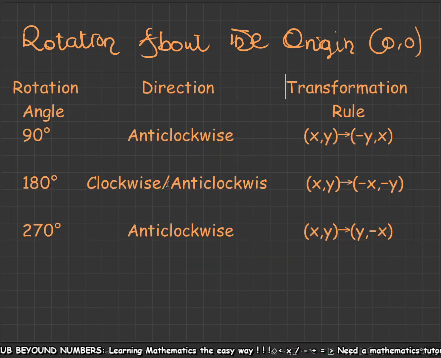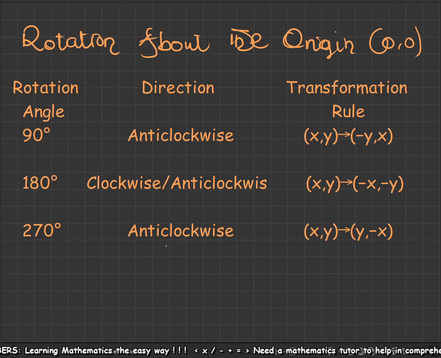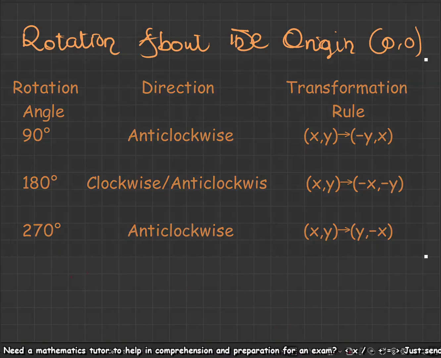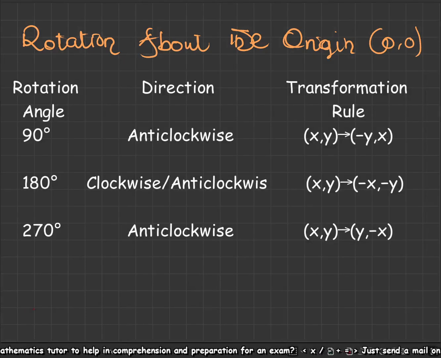These are the common ones we have to know for now. If you understand these rules, then when we get to the graph and I show how to do it even without the rules, you'll be able to figure them out.